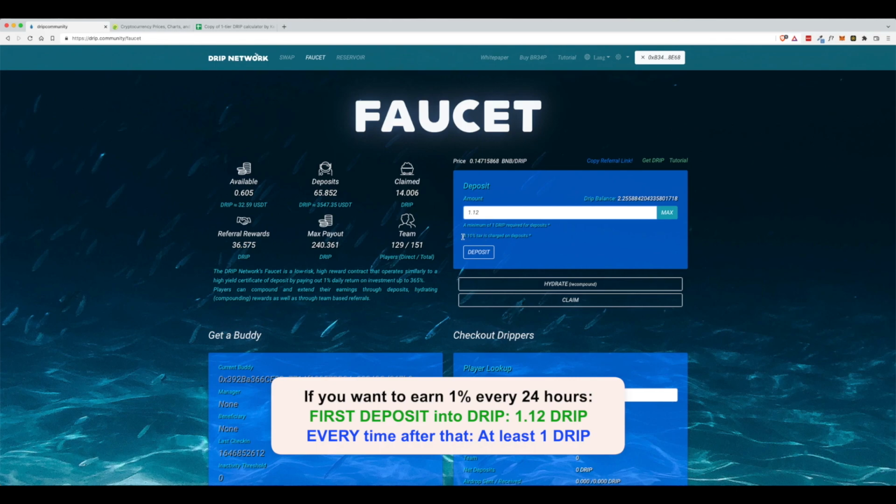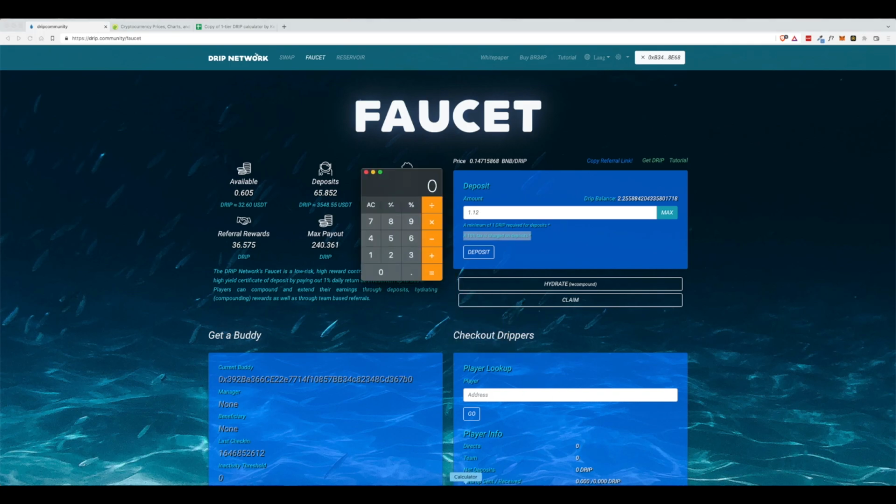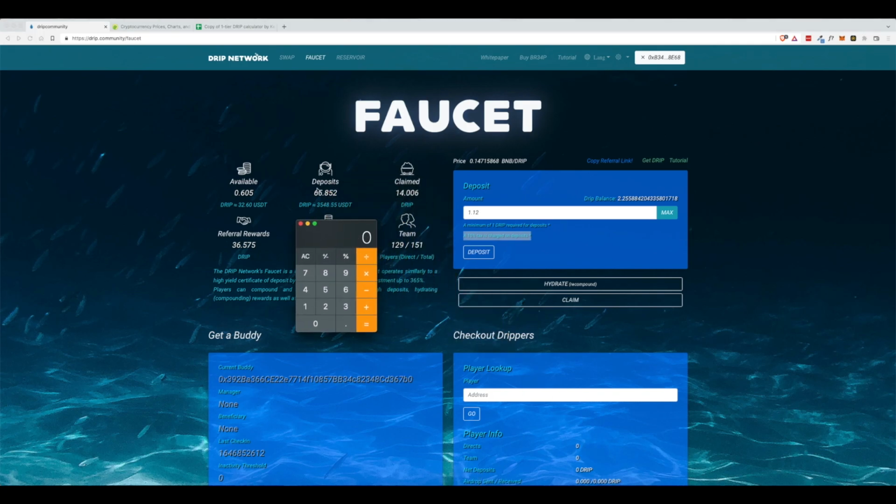It's all about this 10% tax that is charged on deposits. So with DRIP, they say that you can earn 1% on whatever your deposits are. That 1% will show up in your available balance every 24 hours. But if you don't have at least one DRIP token deposited here, you are not eligible to receive any returns over here every 24 hours.